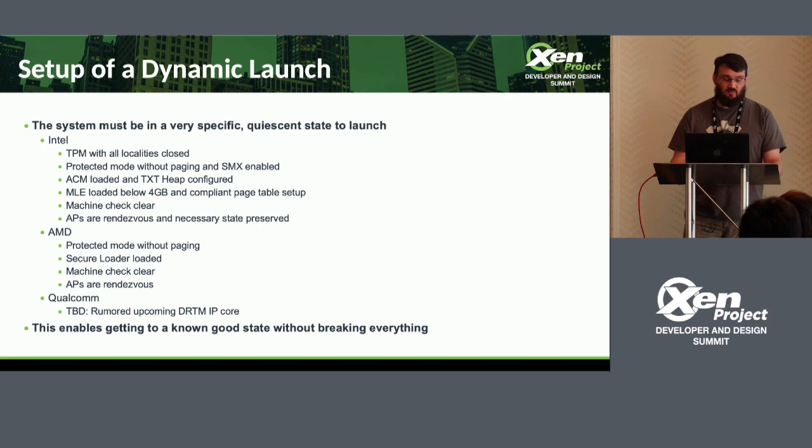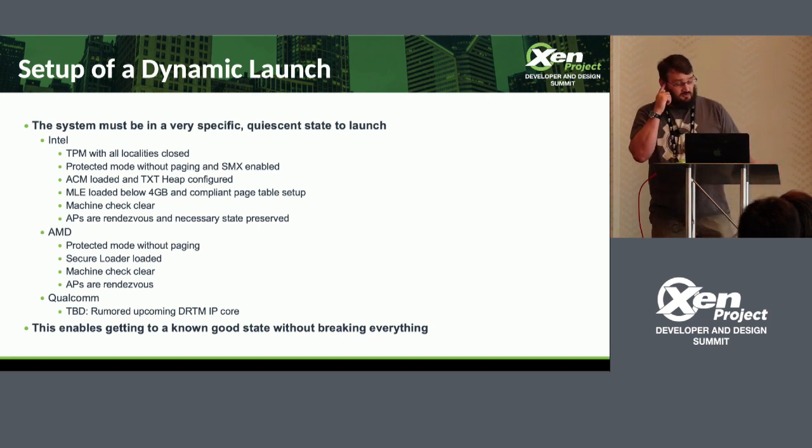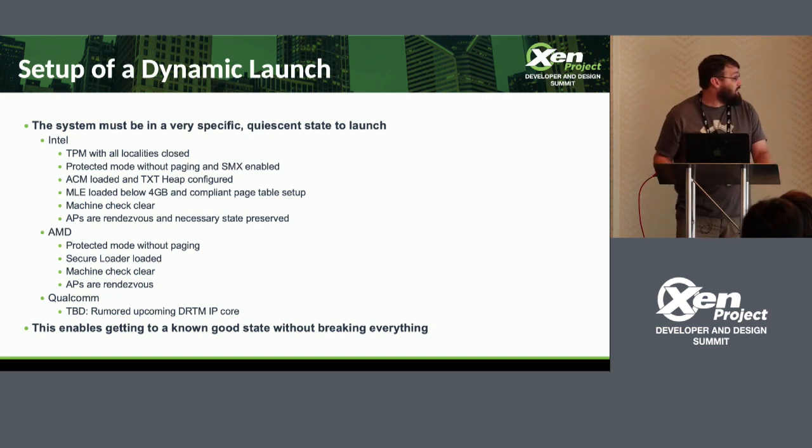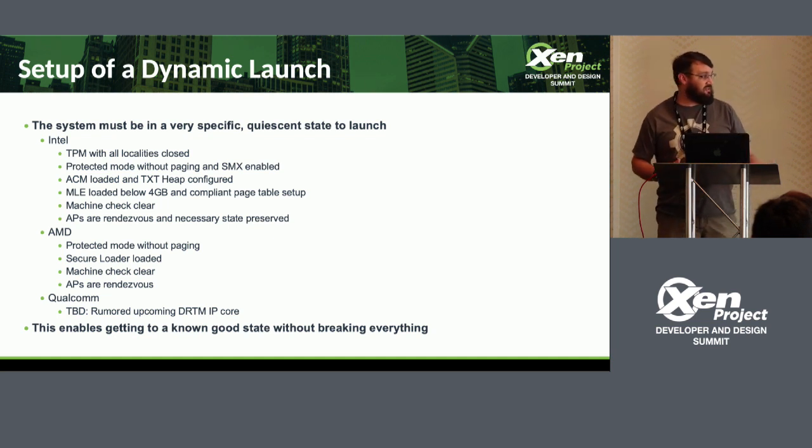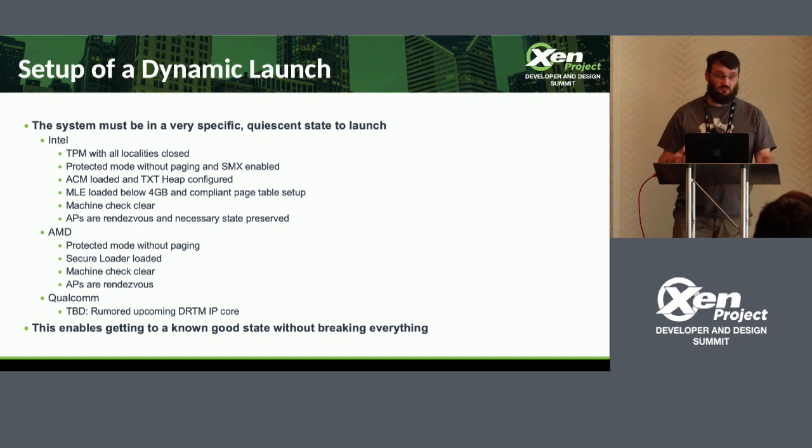So when you're setting up a dynamic launch, there's a few things that you need to set up. And this is what's called the DCE Preamble. You need to make sure that the system's in a very quiescent state, so that when you do the launch, the DCE has an expectation of what the environment's going to look like, and can pick up and start executing from there.